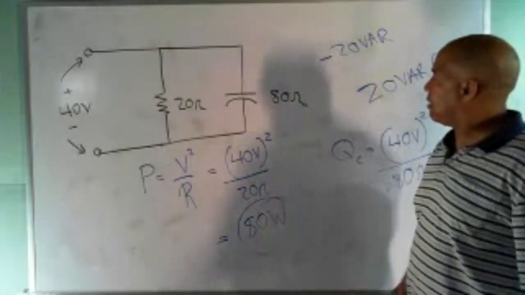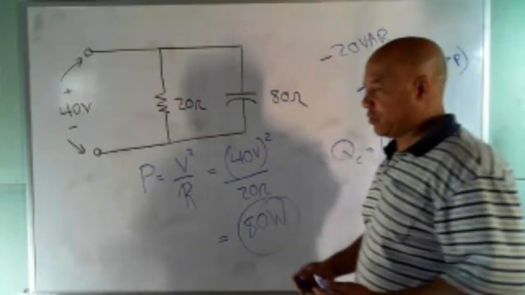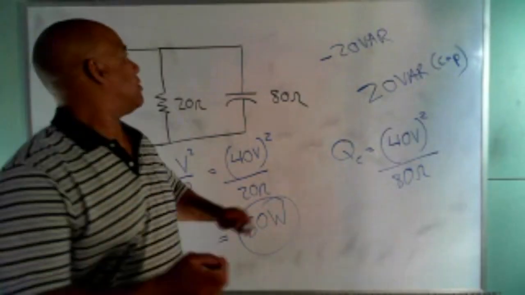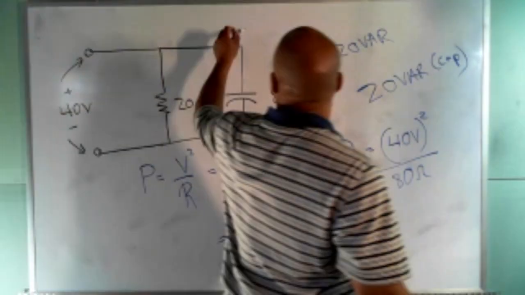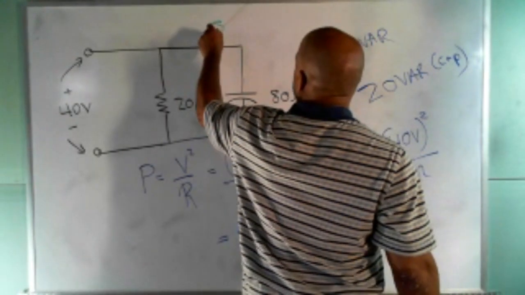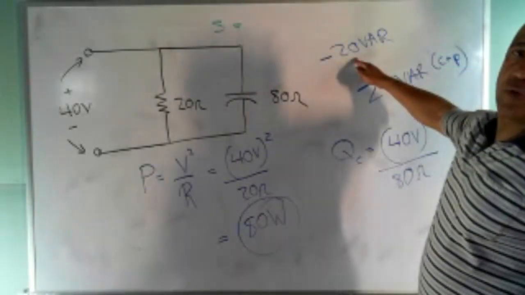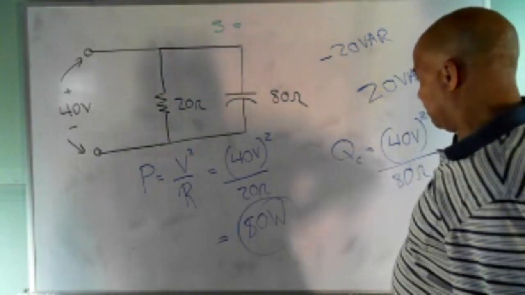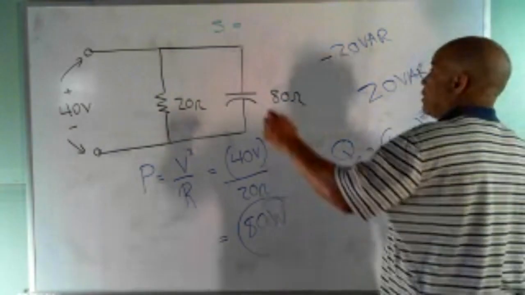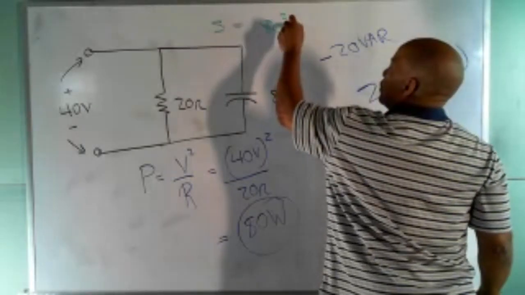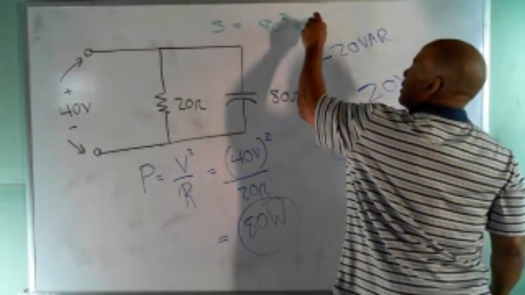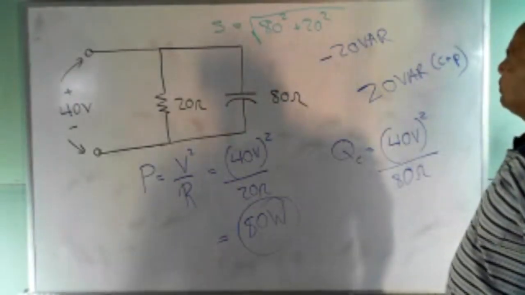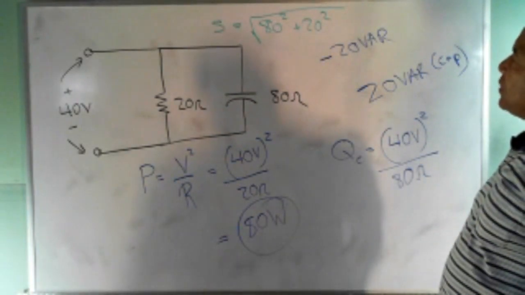So that was easy. Oh, we got to get S. I said I wanted S too. Let's get S real quick. So S, now when I do S, I don't have to take into account that that's negative. I can just use the 20. I'm not really concerned about negative or positiveness there.